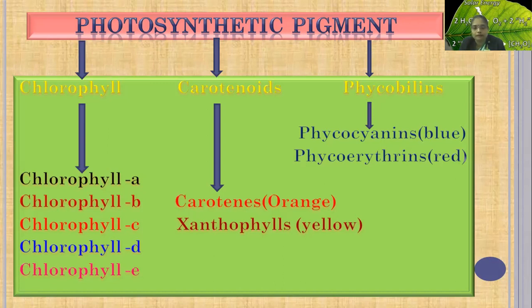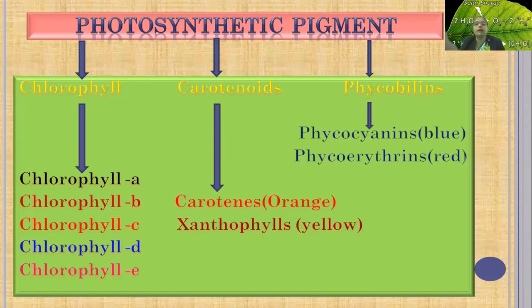Then the xanthophyll. Xanthophyll is yellowish in coloration, an oxidized form of carotene, insoluble in water, soluble in organic solvent. Lutein is the most widely distributed, and xanthophyll gives the yellow color to leaves in autumn, meaning yellowish colored leaves.